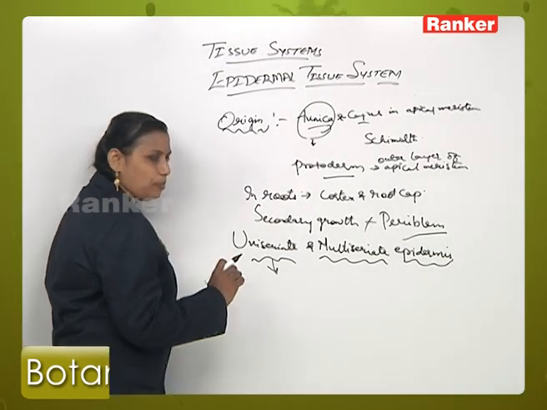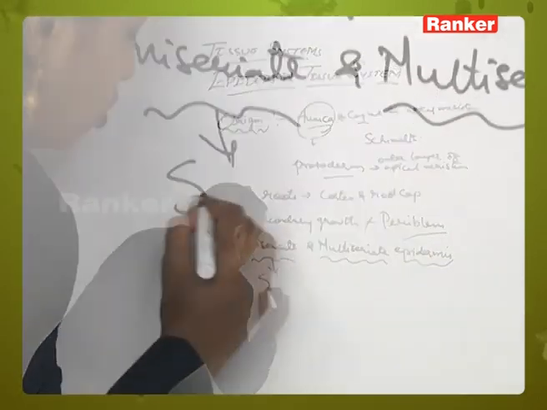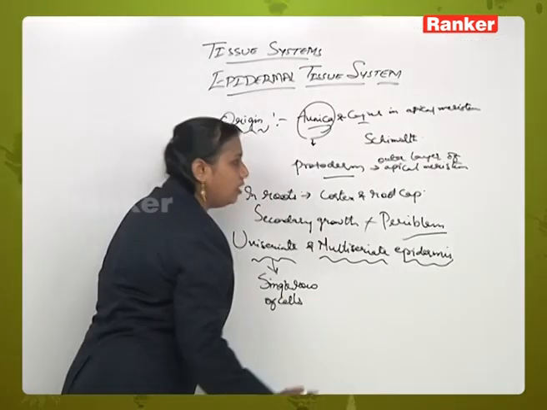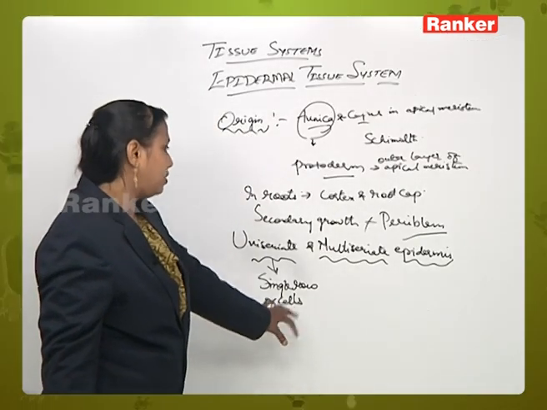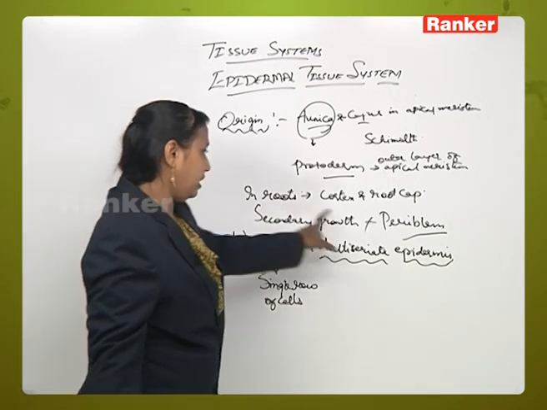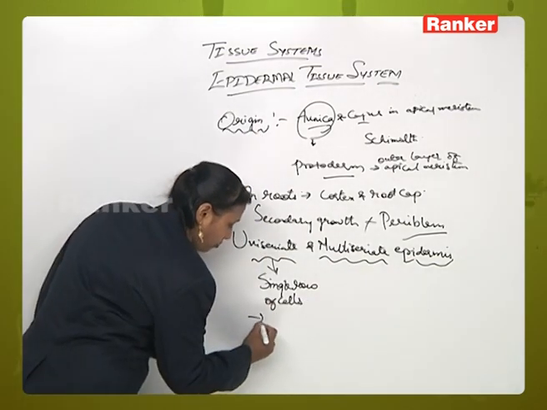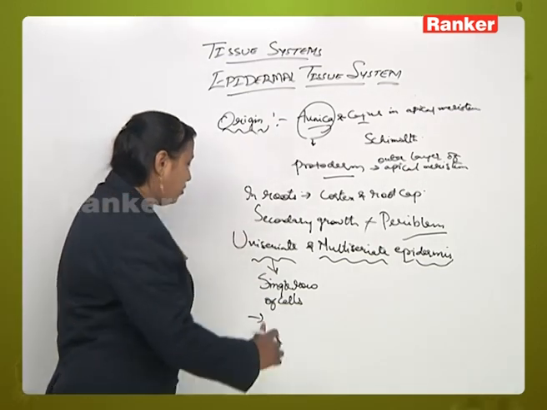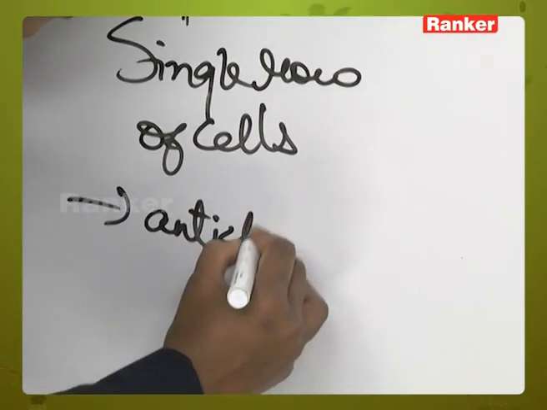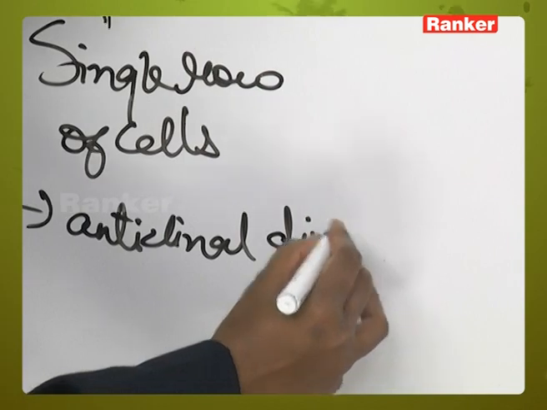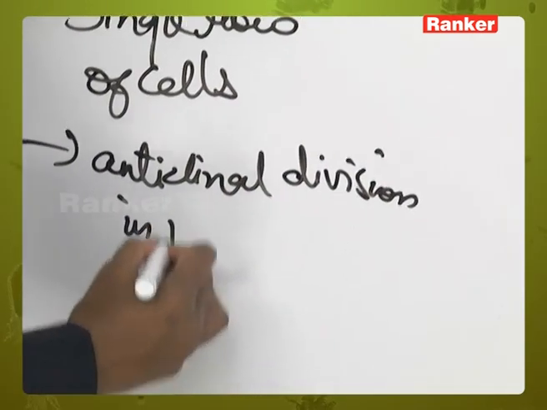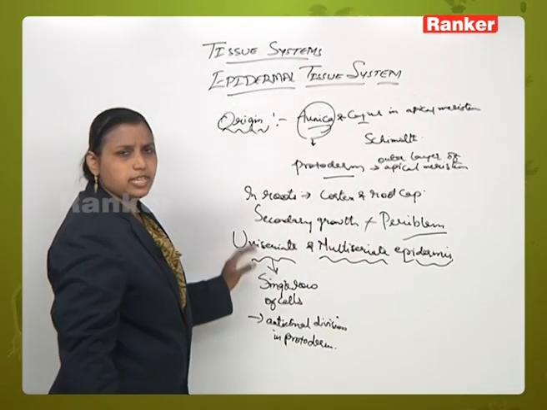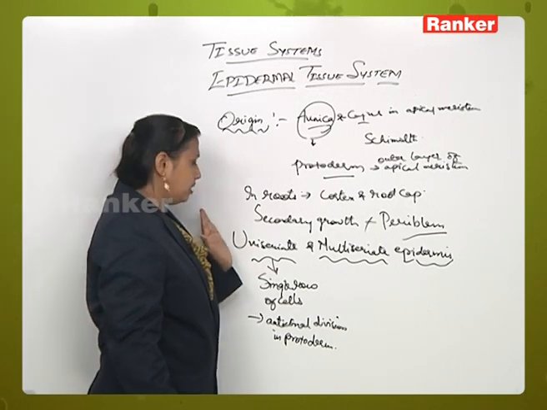Uniseriate epidermis is a type of epidermis which develops from a single row of cells, and this type is common in occurrence. How is this single row of cells formed? If the protoderm shows anticlinal division, then the type of epidermis we develop is uniseriate.